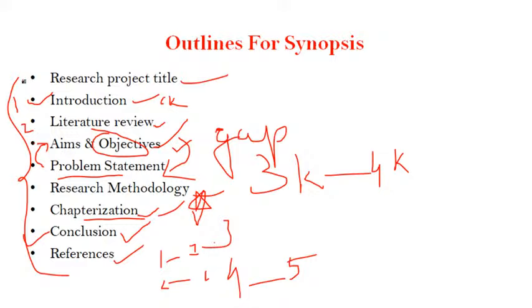If you are unable to follow this set format, your research proposal may get rejected by the academic committee. You need to follow the formats which the universities have given.